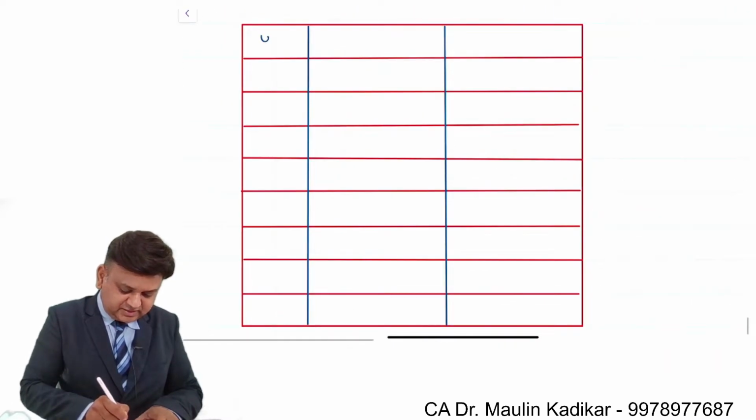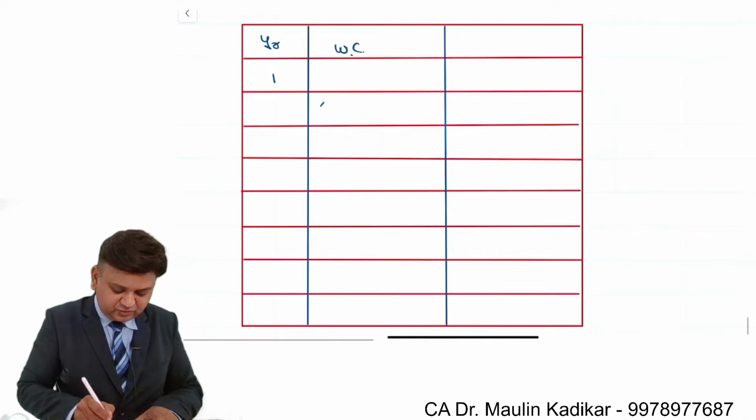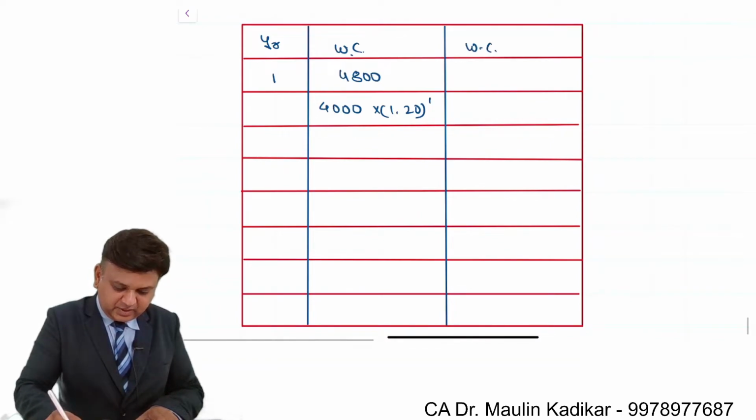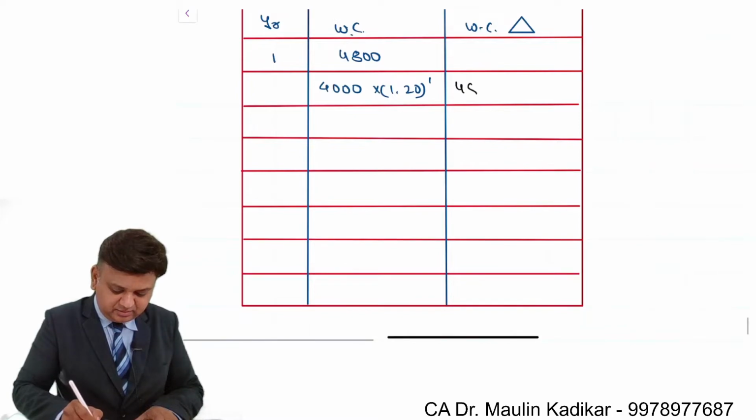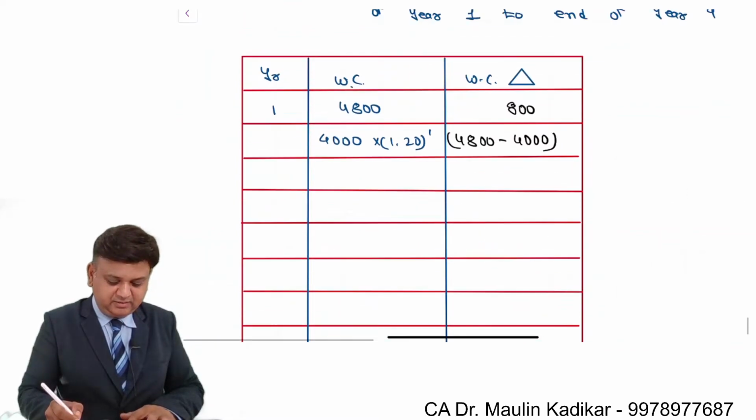So we understand it is year 1. Working capital will increase to 4,000 into 1.20 raised to 1, that is 4,800. So working capital change, in that case it is 4,800 minus 4,000, that comes to 800.